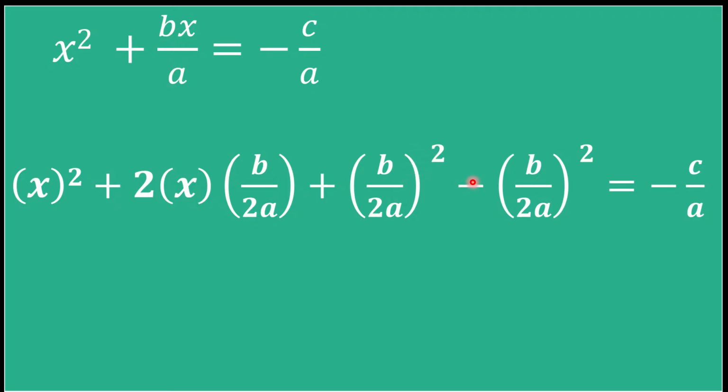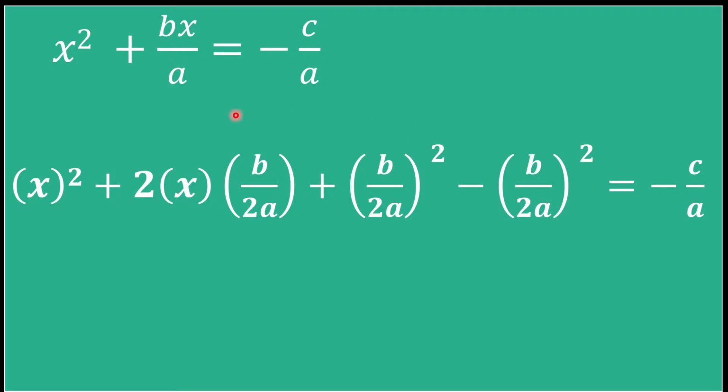So to balance this value, we will subtract as well b divided by 2a all squared. Therefore, we have subtracted this b divided by 2a all squared, and which is equal to minus c divided by a.